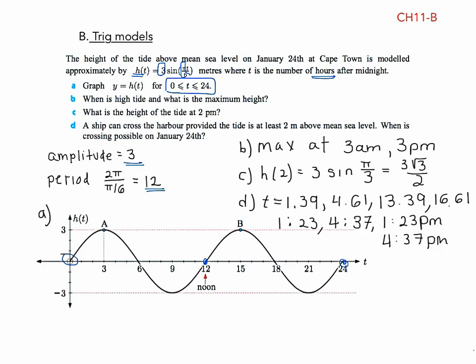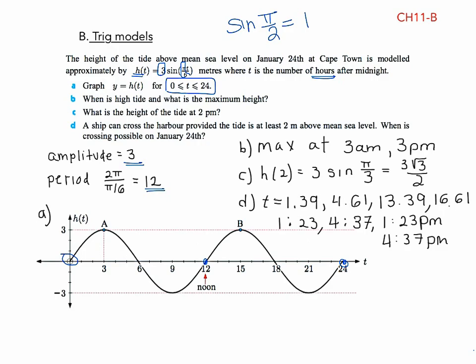Next number you're going to plug in is 3, because when you plug in t equals 3, you get pi times 3 over 6, which is going to be pi over 2. And we know sine of pi over 2 has a value of 1. So 3 times 1 will be 3.